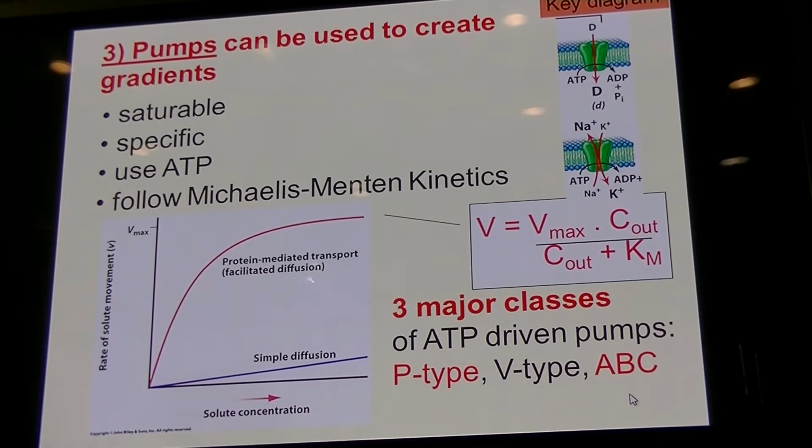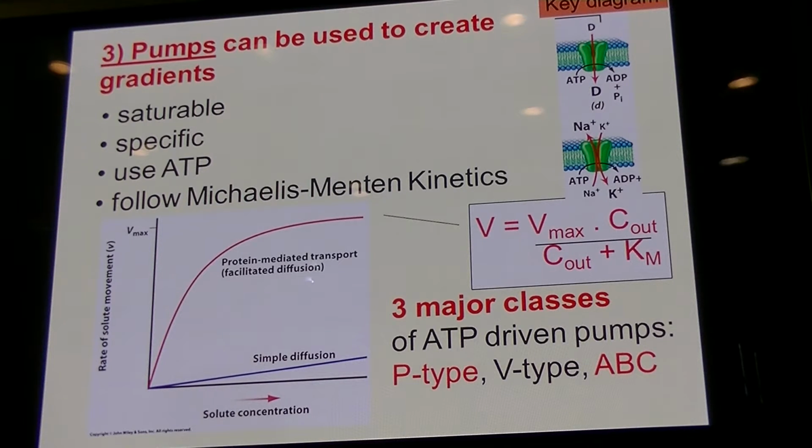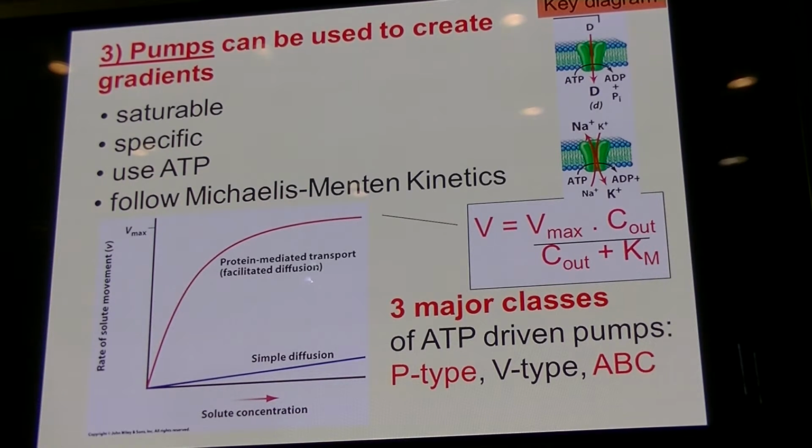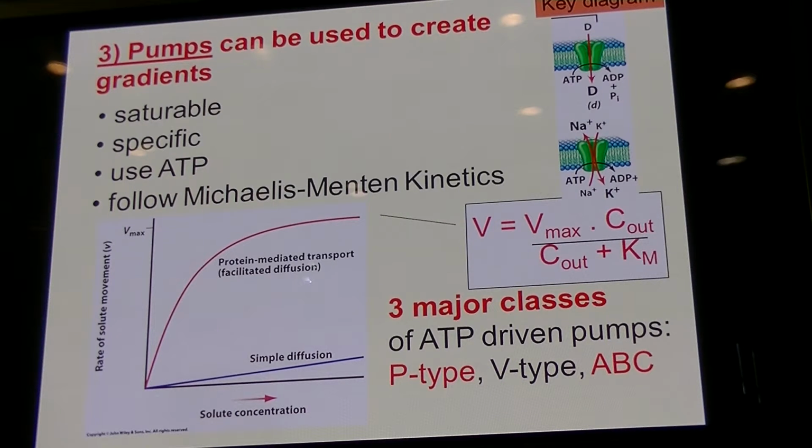Medically important are the so-called ABC pumps. ABC stands for ATP binding cassette pumps. They're also known as the multi-drug resistance proteins, or MDR proteins. There are two types of contexts where this transporter is medically important.